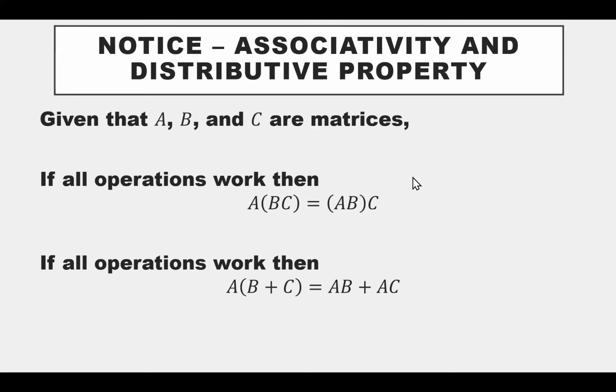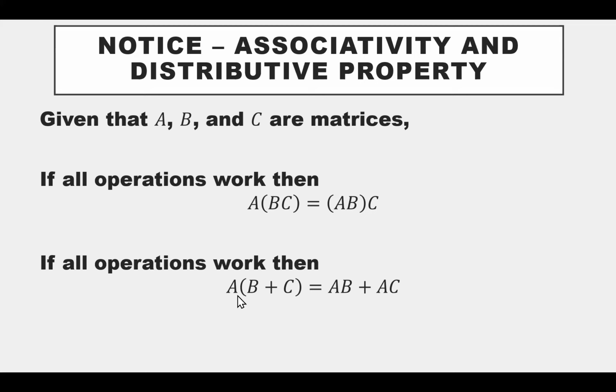Now, another property that actually holds that I did not demonstrate is the associative property. If I have three matrices, if I take A times the product of B times C, or if I take A times B as a product and then multiply times C, then I'm going to get the exact same result.